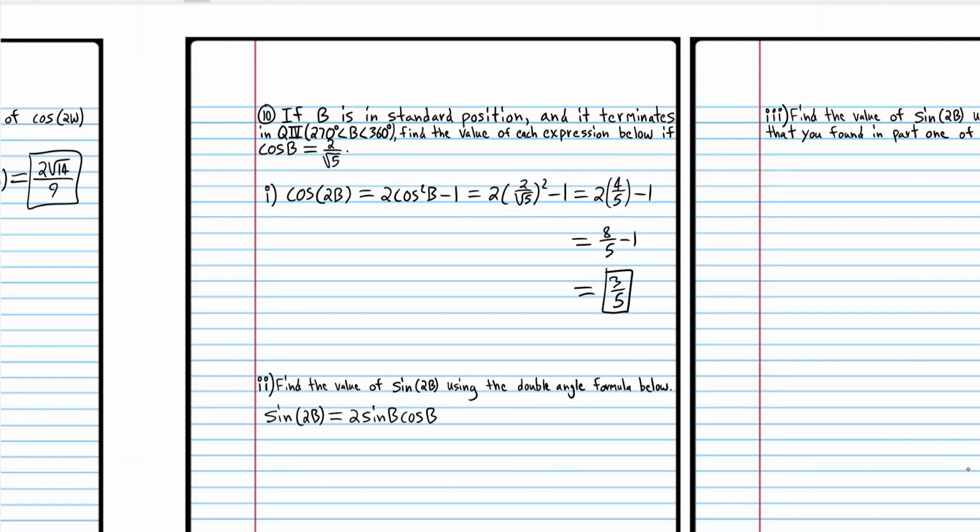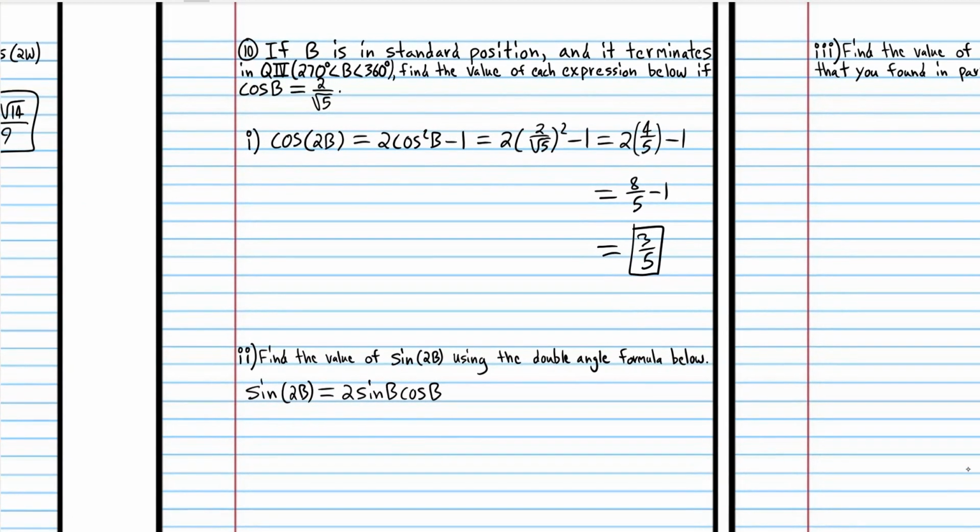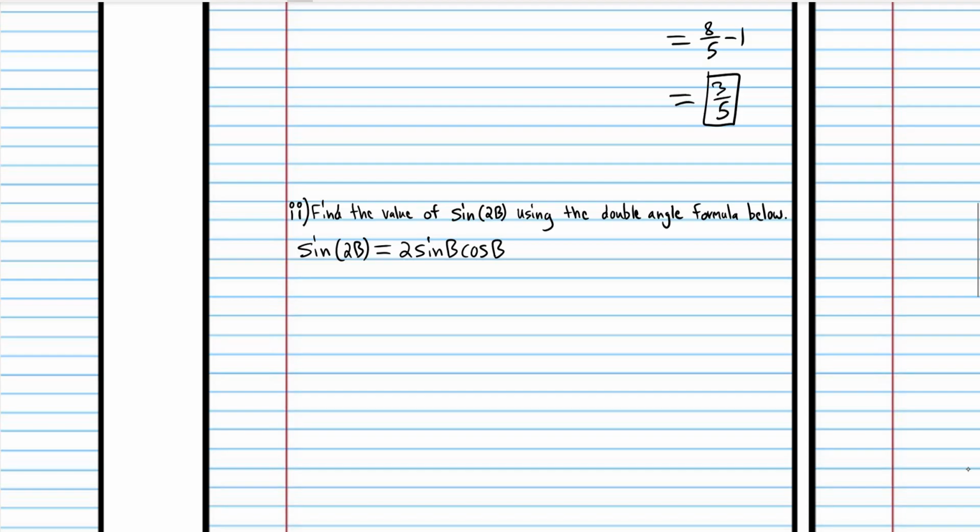So now we're going to find sine 2b using the double angle formula. We have cosine b that we can plug in here, but we don't have sine b. So let's find sine b. We know b is between 270 and 360, quadrant 4.